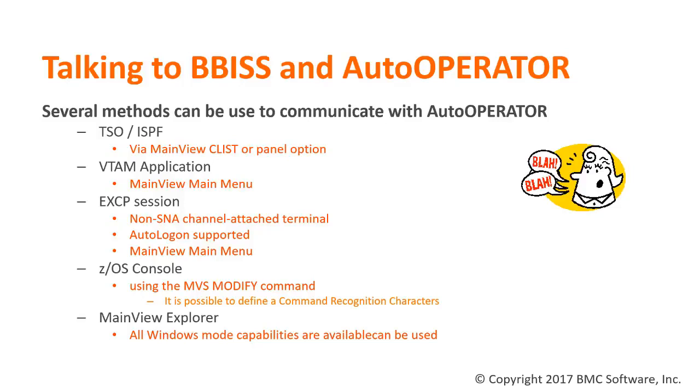The MainView CLIST may be executed by selecting an option from your ISPF menu, which subsequently invokes the MainView CLIST, or users may also directly invoke this CLIST. When accessing AutoOPERATOR from a VTAM or EXCP session, the MainView CLIST is automatically invoked and launched for you.